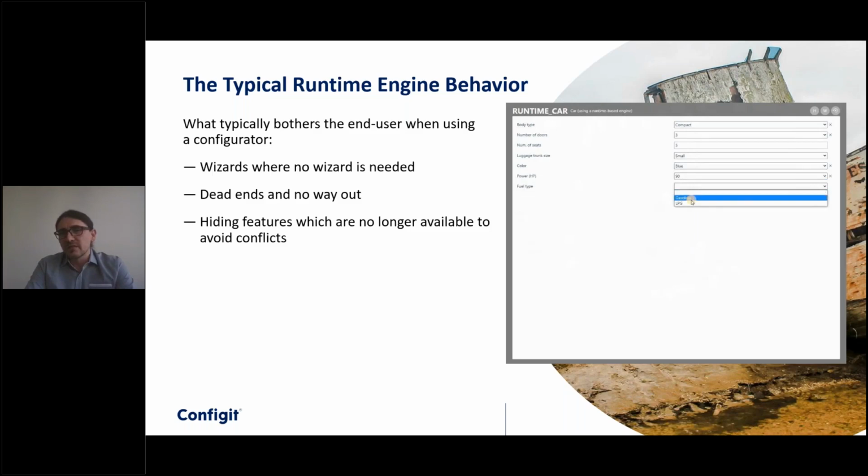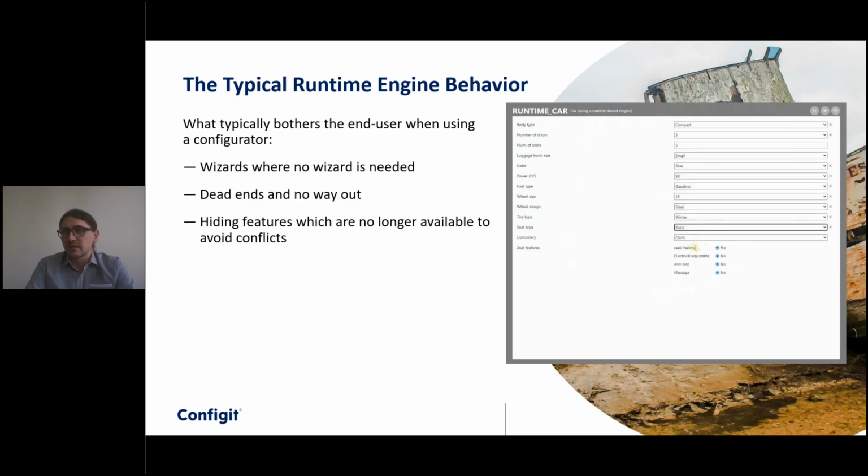The problem is that what is not available is now hidden. It avoids you selecting something and getting into an invalid configuration, but it also gives the feeling that certain functionalities are no longer available or not available in general. That's of course a bit bad, because it might give the wrong impression that you are not able to deliver this functionality or feature.